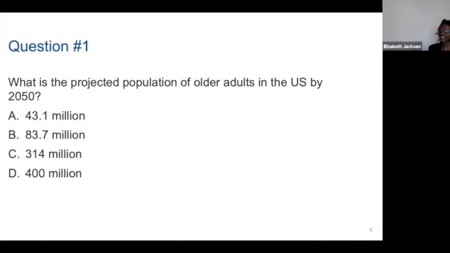Throughout the presentation, there are going to be quite a few questions. The first question is, what is the projected population of older adults in the US by 2050? You can enter the answer directly into the poll, and I will pause for about 30 seconds for you to enter your answer into the poll.